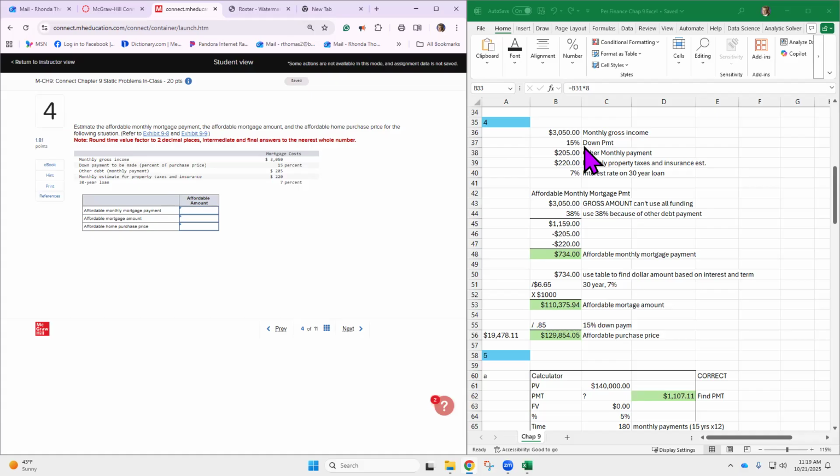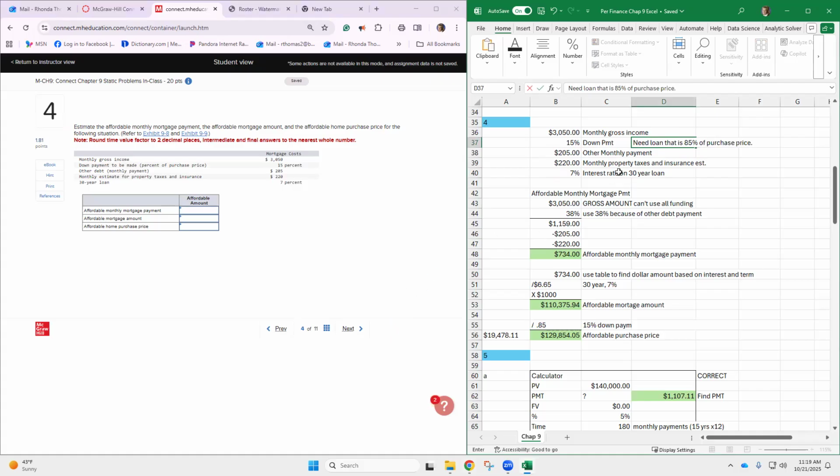Okay, so we take that monthly gross income, $3,050. There's going to be a 15% down payment on the house. So that means we're going to need a loan that's 85%. Okay, so I'm going to put that right here: need loan that is 85% of purchase price. That's why they're telling you that.